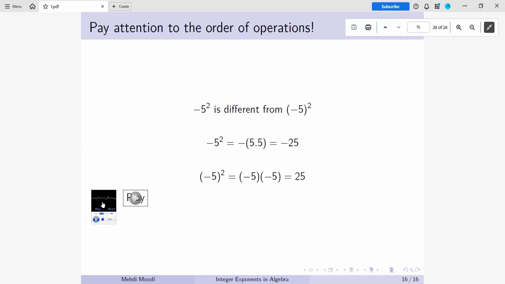Pay attention to the order of operations. I tried solving math without order of operations once. Now I see a therapist and so does my calculator.